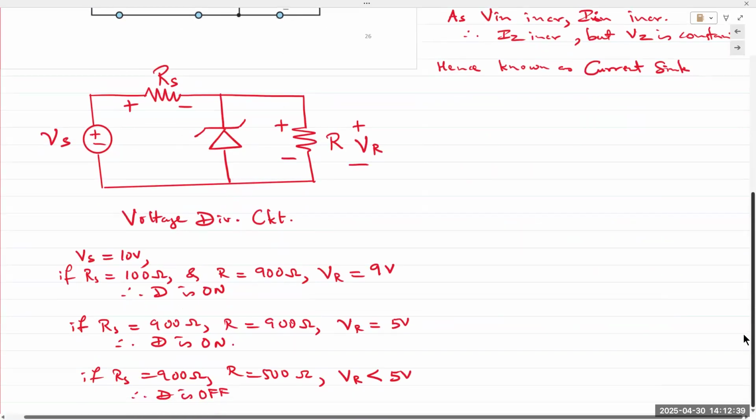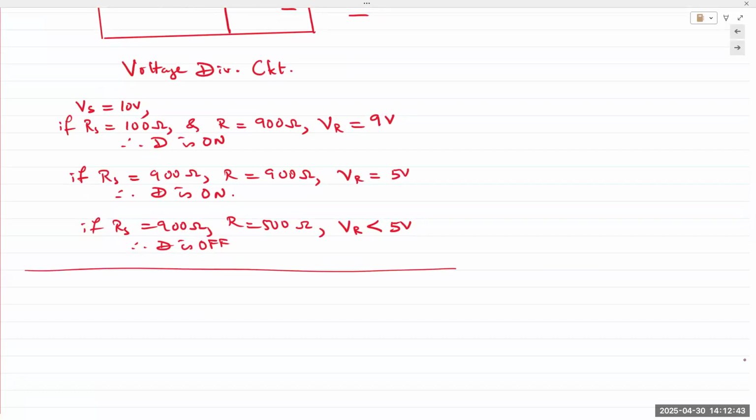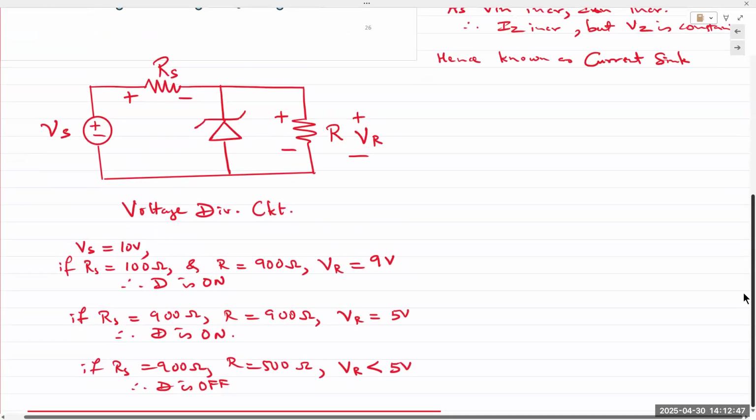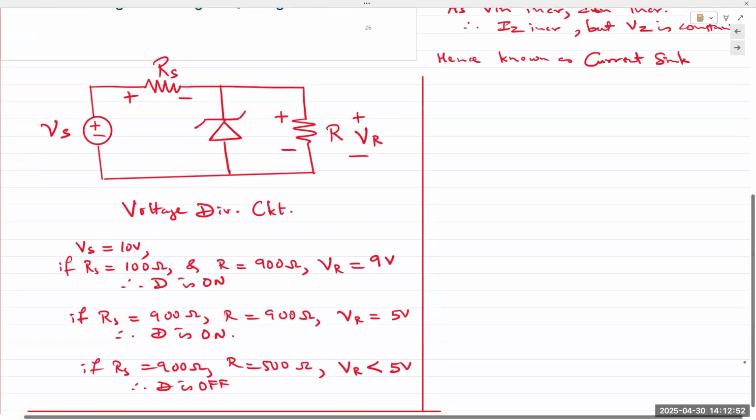Now, based on this configuration, we can look at a few rules, few assumptions, and few quantities.